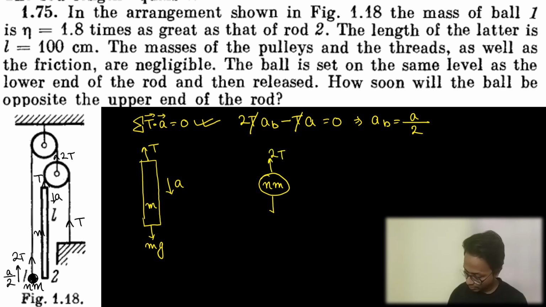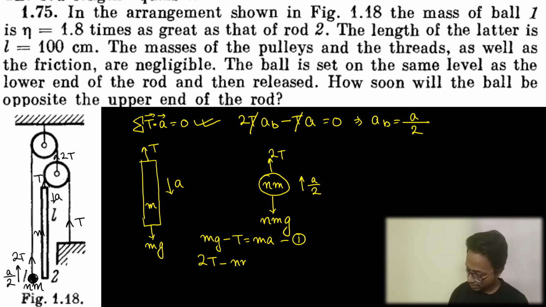It is being pulled down by gravity force of nmg, and it has an upward acceleration of A by 2. So if I write down the equation out here, mg minus T is equals to ma. This equation comes from the block out here. 2T minus nmg is equals to nm A by 2. This equation comes from the ball.